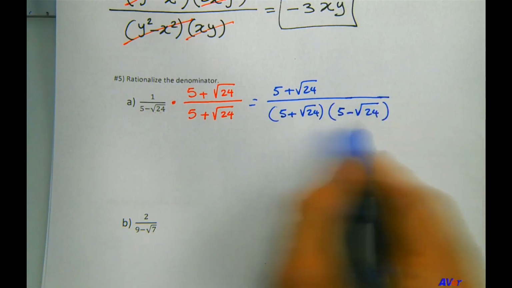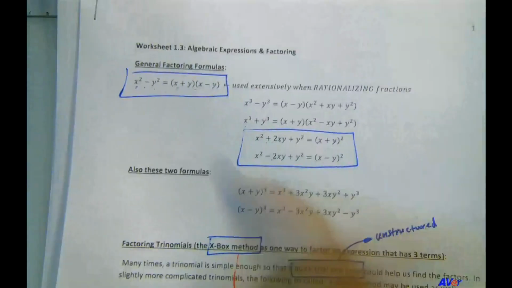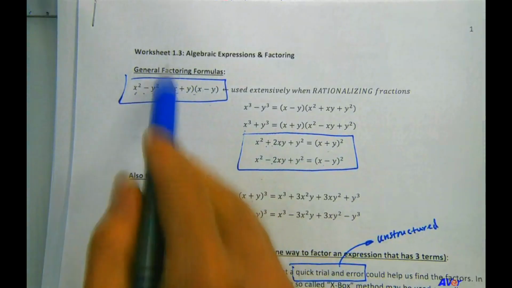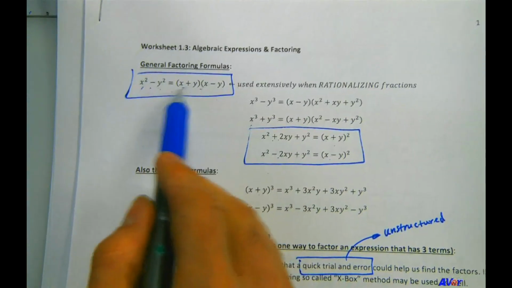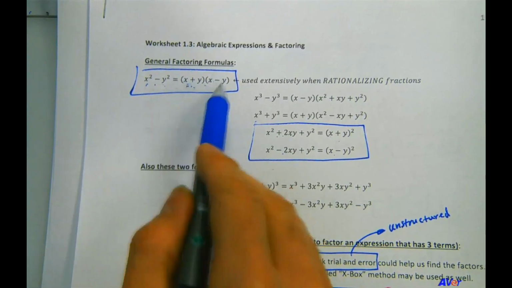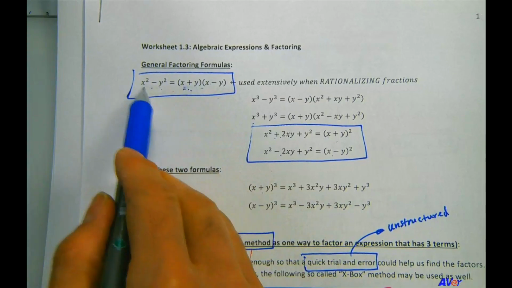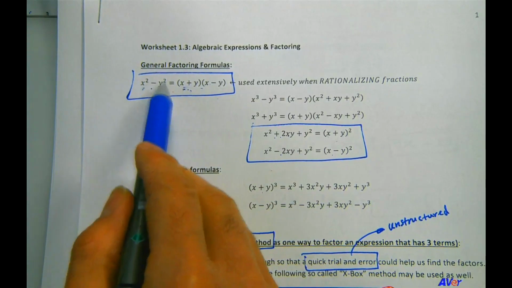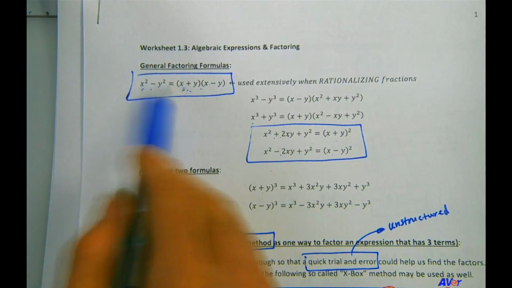Now compare this with this identity from section 1.3. If you have x plus something times that same thing minus that same thing, you can write them as x squared minus y squared. Perfect squares. So let's do that.